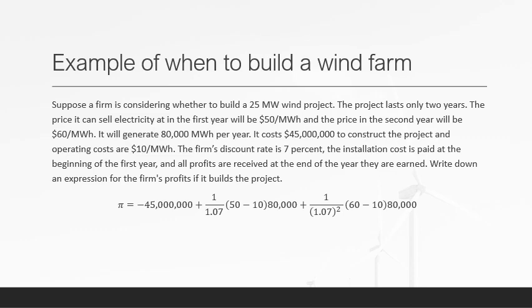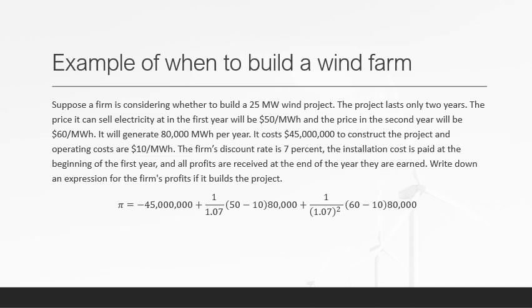The profit is equal to the negative of the fixed costs, minus $45 million, plus the first year discounted price minus marginal cost times the production, so 50 minus 10 times 80,000 megawatt hours, plus the second year discounted, so we have 1 over 1.07 to the second power, which is the discount rate raised to the second time period, times the price in the second time period minus the marginal cost times the production. That would be the profits.